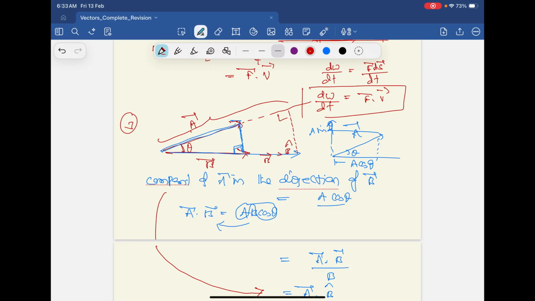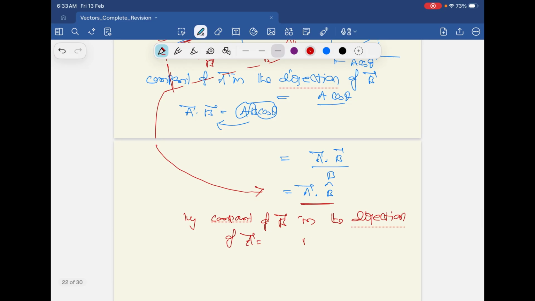If this is theta, then the adjacent side becomes b cos theta and the perpendicular becomes b sin theta. So this is b cos theta. Again from the same relation, transferring a to this side, we have a bar dot b bar by a.